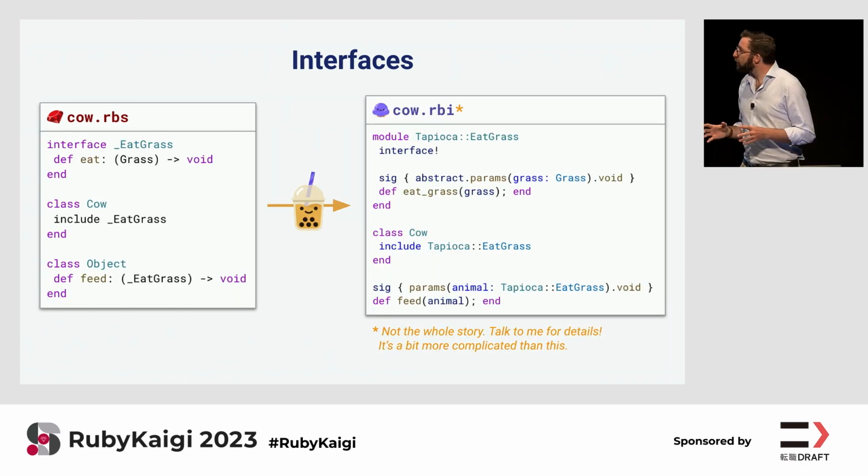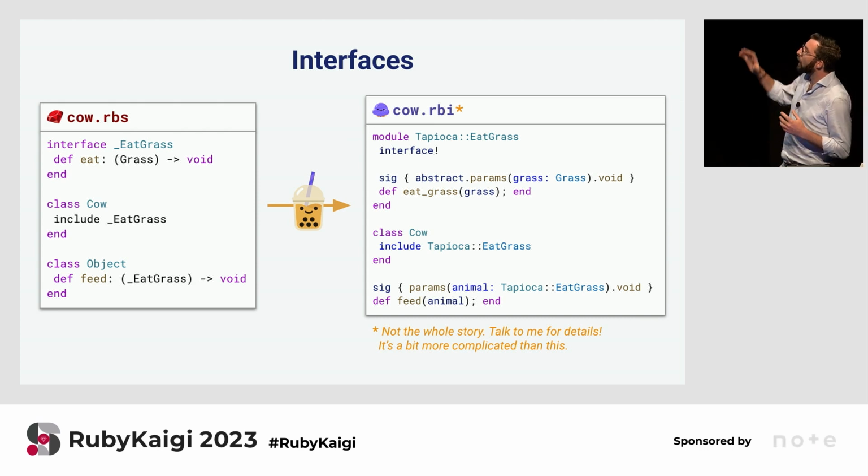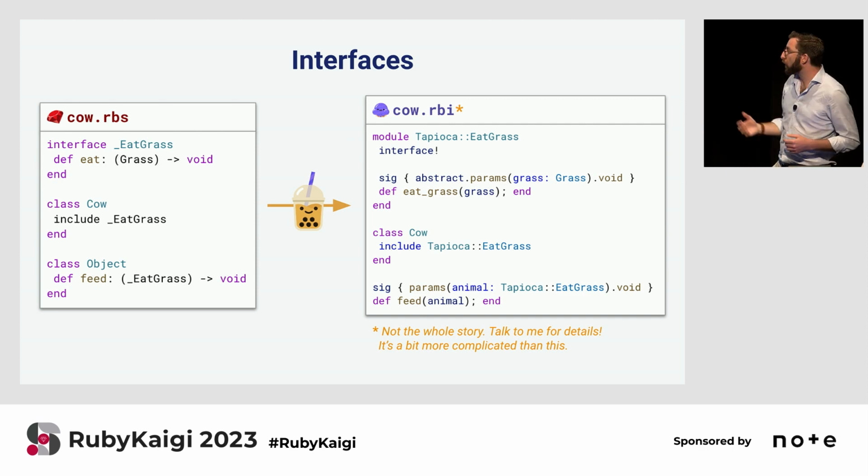For interfaces, like I said before, RBS is using structural typing. So we have this kind of interfaces that represent the kind of methods you can call on something. So here I can have an interface called eat grass. This is something that eats some grass. And I can include it in my cow because I want it to eat the grass.